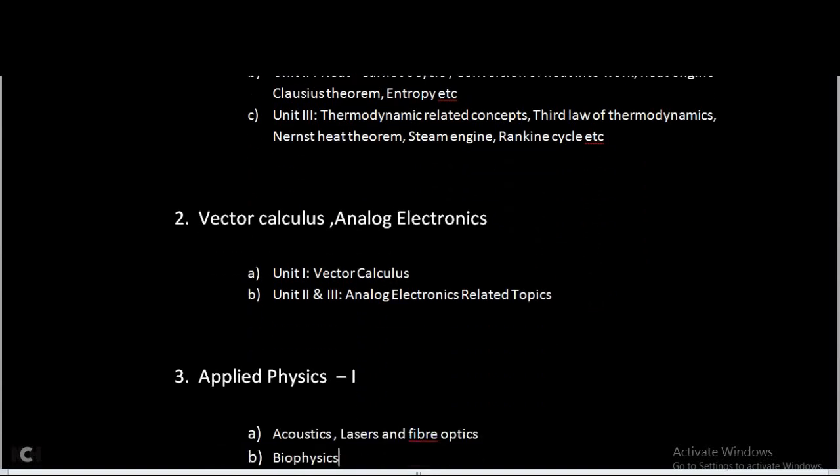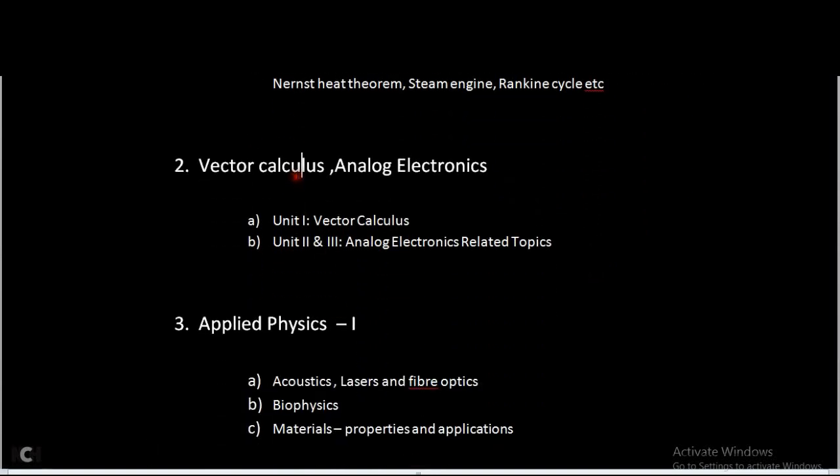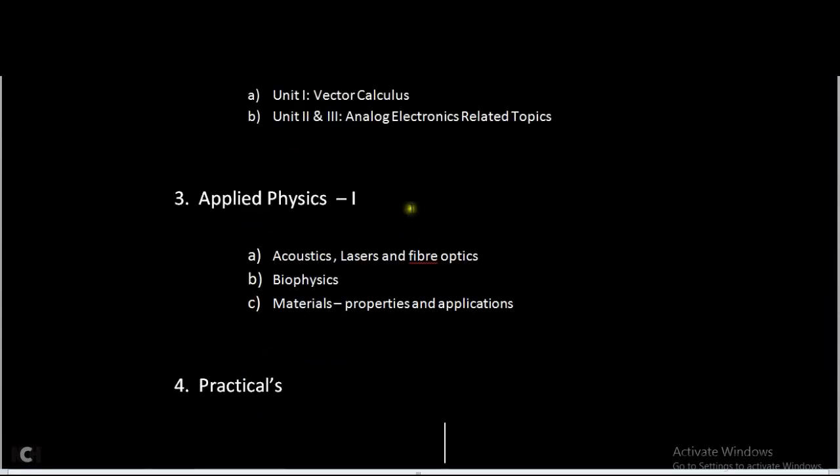So now, vector calculus and analog electronics: vector calculus in unit 1. Then in units 2 and 3 you have analog electronics related topics that I have not mentioned over here, because it was a summation of all that analog electronics. Then applied physics part 1: in this, acoustics, that is the study related to sound and all, then lasers, then fiber optics. All this sounds interesting in these chapters.